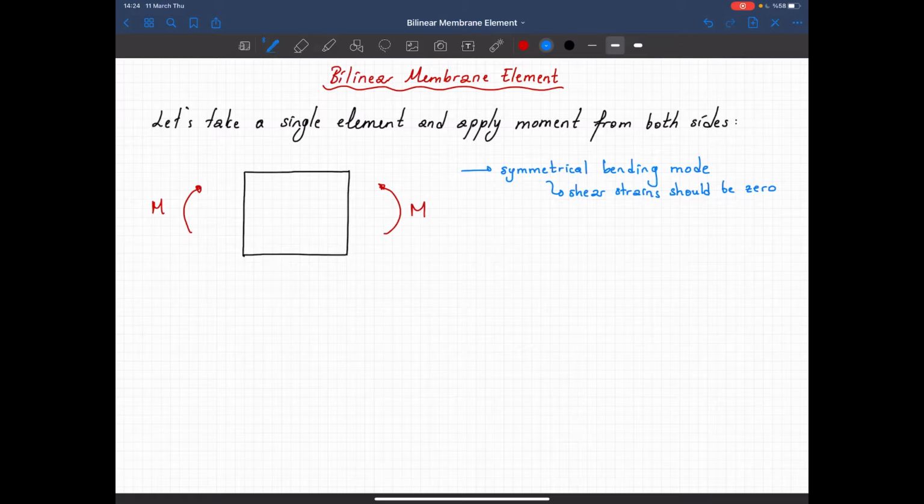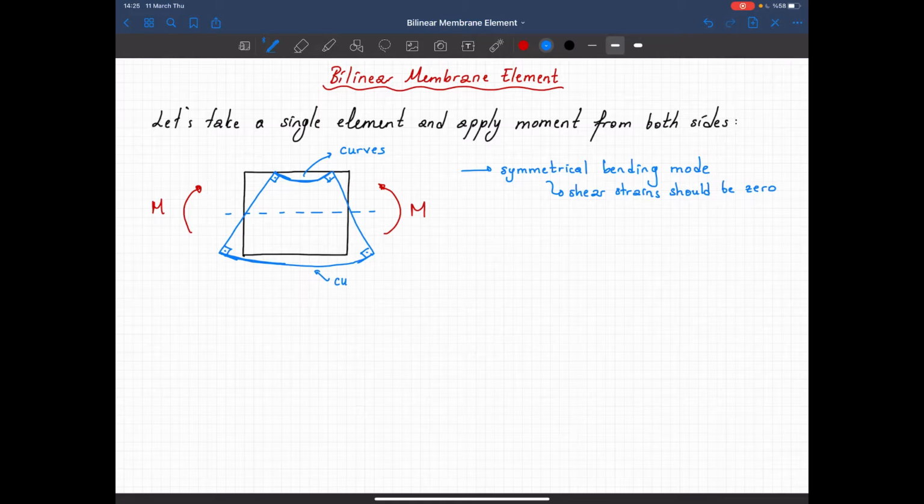So with this loading, the expected deformed shape should be as follows. Since there shouldn't be any shear deformation, these angles must again be 90 degrees. So the deformed shape of the element should look like this under constant moment. At the top and bottom edges we see curves, right?